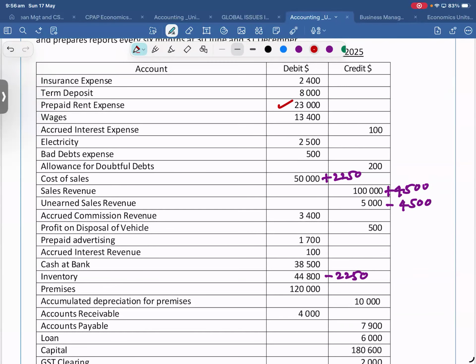So you will record in the income statement, for example, rent expense or cost of sales and sales revenue. And prepaid rent and unearned sales revenue, those you will record in the balance sheet.